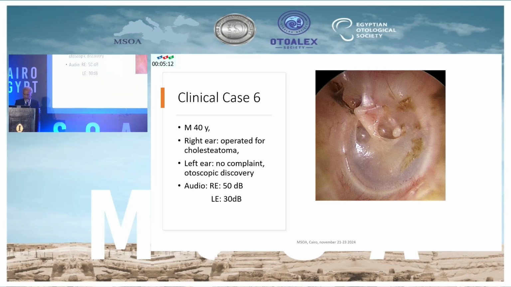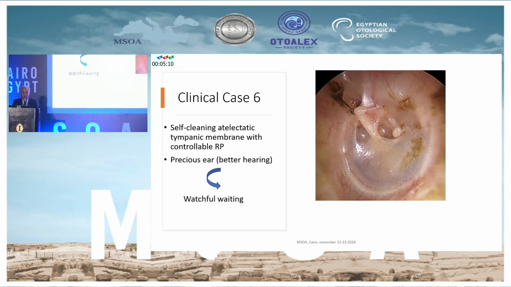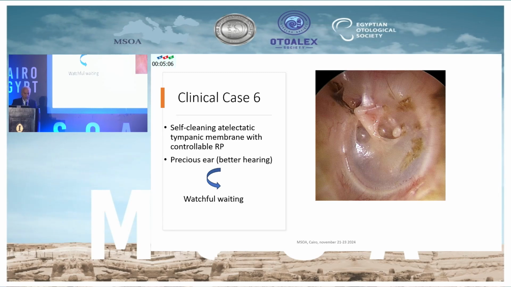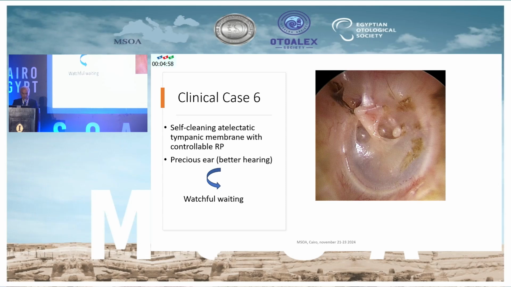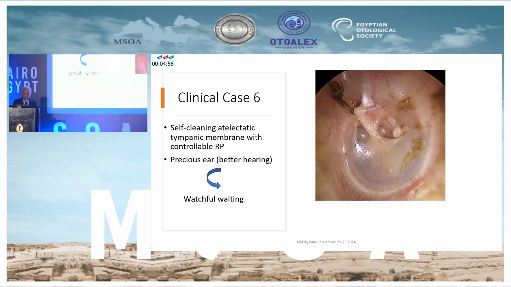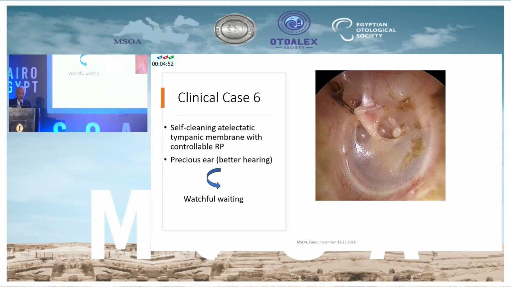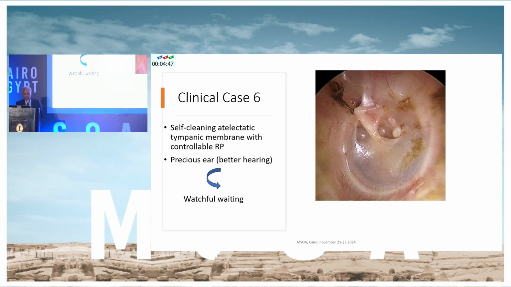So it's a discovery of exam, no complaint from the patient. It's a self-cleaning retraction of the tympanic membrane. There is no squamous, no signs at this stage of cholesteatoma, and especially it's a precious ear.